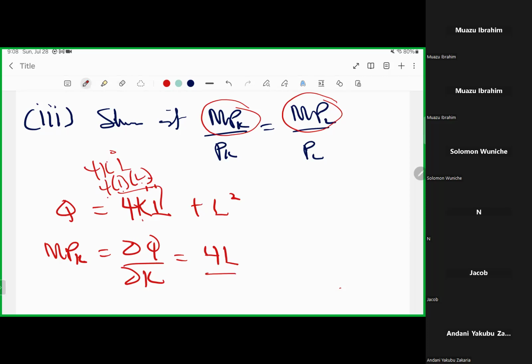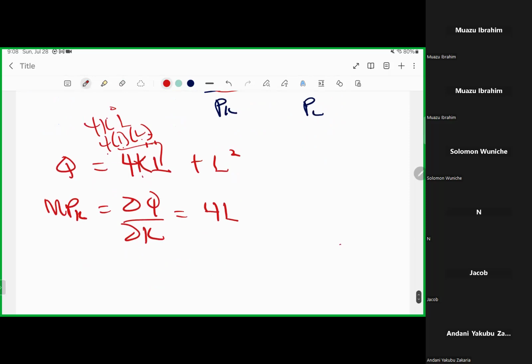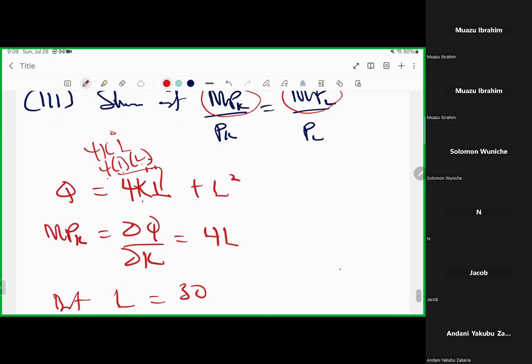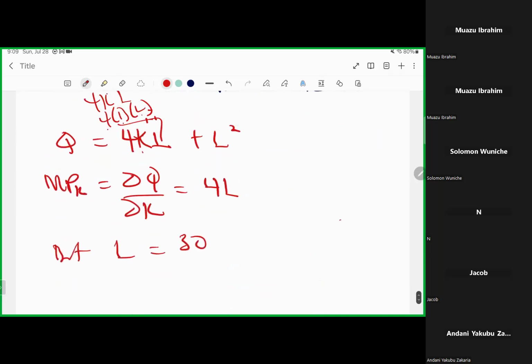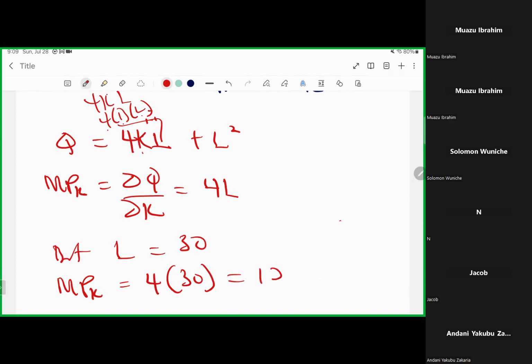But we know L is 30 from the question. L is 30, the one that we found. So the marginal product of capital would be 4 times 30, which will give us 120.